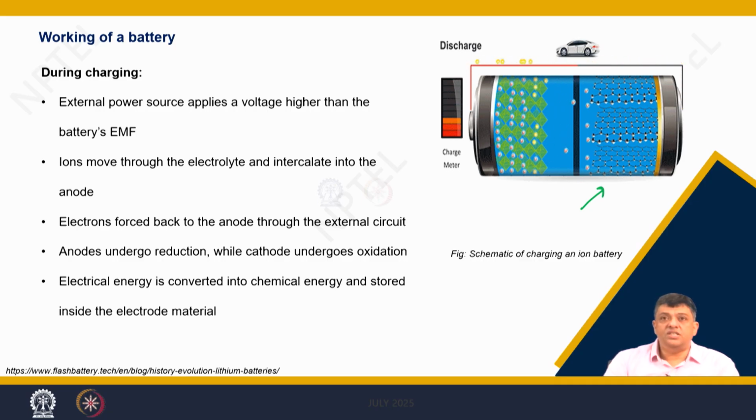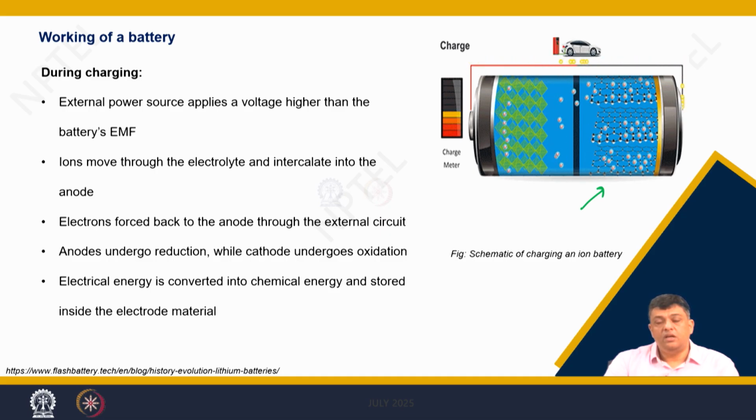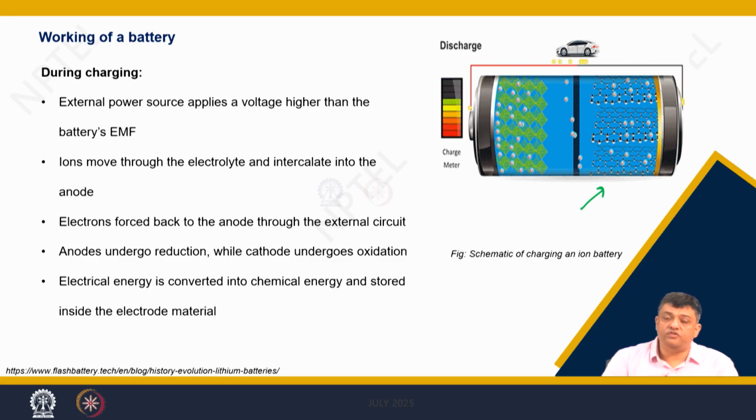While discharging, the ions go back and the electrons which were injected during the charging process in the anode to maintain the state of charge neutrality, then come out and pass through the external circuit to give you the current.